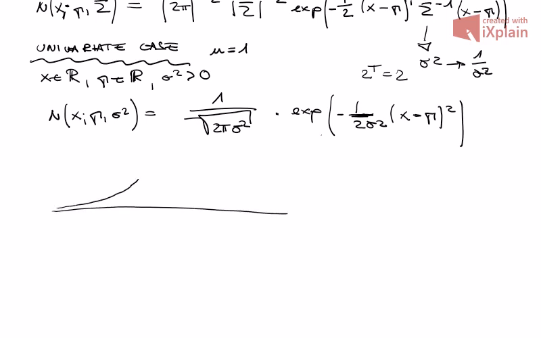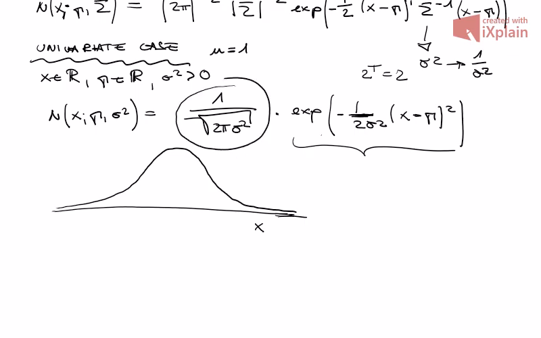The curve that is described by this, so this is now our x, the curve that is described by this term actually has this bell-shaped form. This part here is there to make sure that the whole function integrates to 1 over the real numbers, because we want a probability density function.